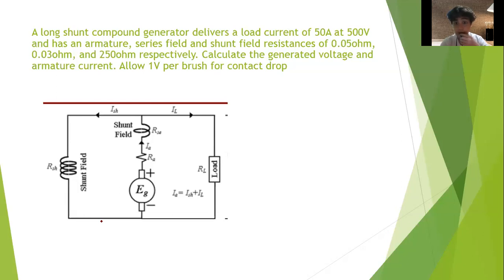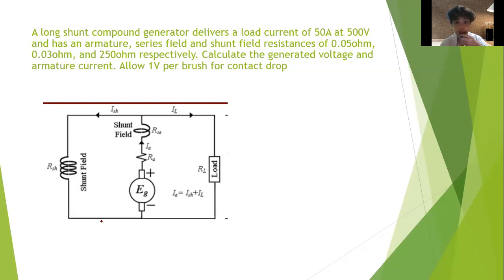So we will have to calculate the generated voltage and armature current. Here we will allow 1 volt per brush for contact drop. So we have a given of 500 volts for VT. For IL, we have 50 amps, the load current.